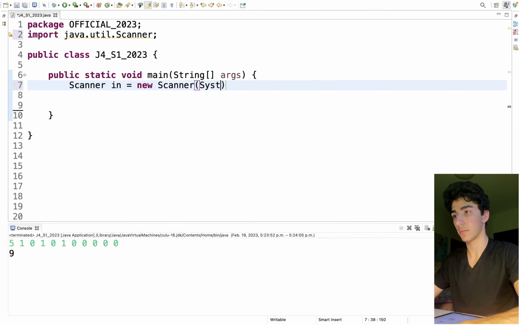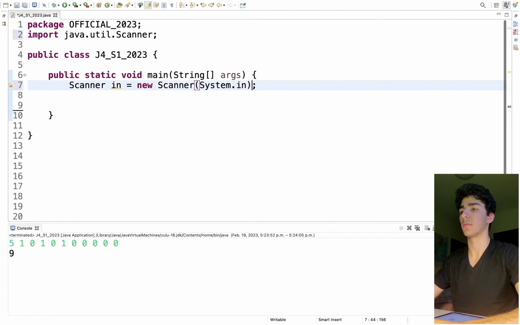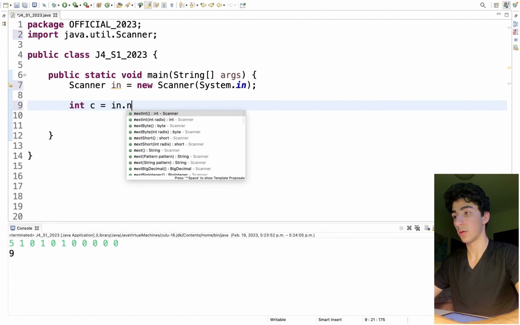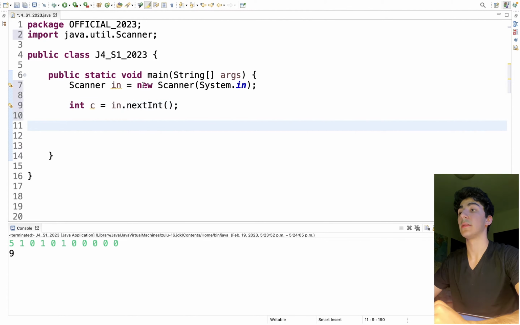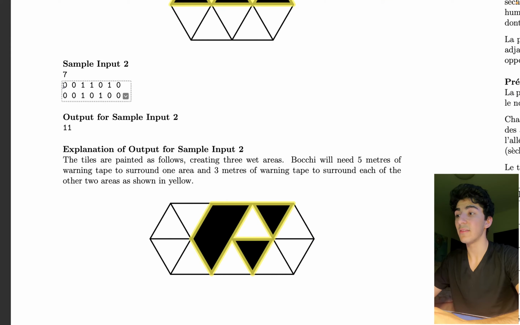Okay, come on. Next, we'll take in the value C. And once we receive C, we will have C values to receive.